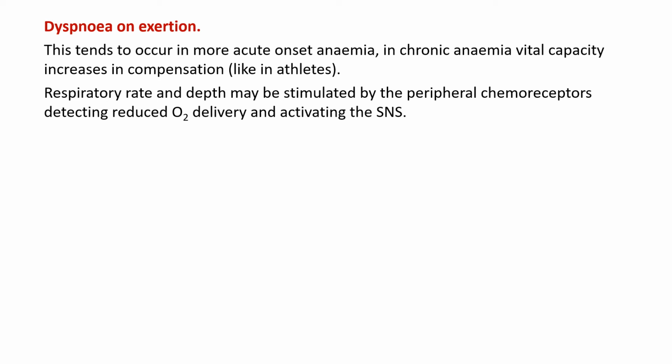So, okay, respiratory rate and depth will be stimulated, so it will be increased. Remember, the peripheral or the central chemoreceptors all report to the dorsal respiratory group, which communicates with the ventral respiratory group to increase rate and depth. In this case, we're talking about peripheral chemoreceptors because we're talking about oxygen.